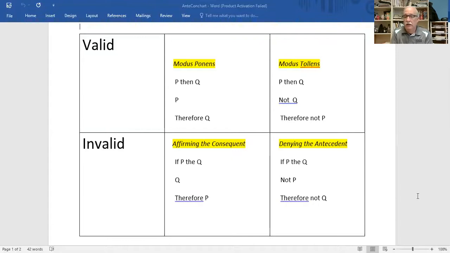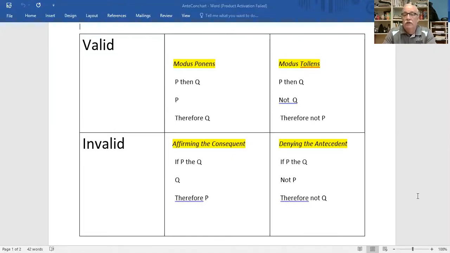If I study, I will get good grades. I study. Therefore, I will get good grades. Now, that is actually a valid statement. If the first statement is true and the second statement is true, then the conclusion is true. We call that modus ponens. And that's a valid use of that relationship of cause and effect.